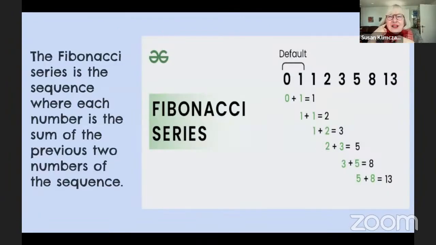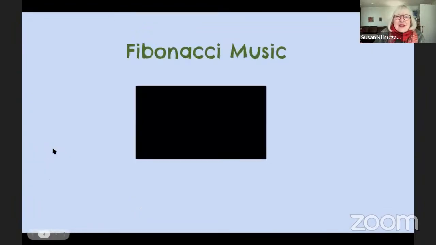And the Fibonacci series is a sequence where each number is the sum of the two previous numbers. So you see 0 and 1 is 1, 1 and 1 is 2, 1 plus 2 is 3, 2 plus 3 is 5, 3 plus 5 is 8. That's what the series is mathematically, but it's really interesting.